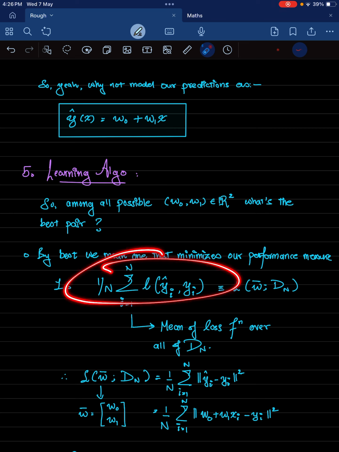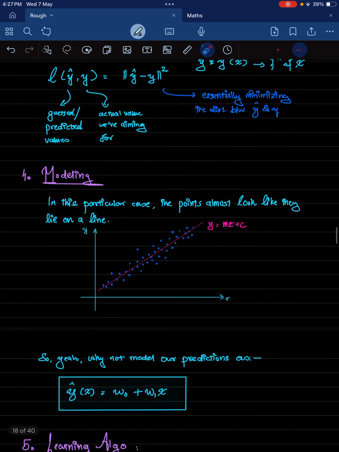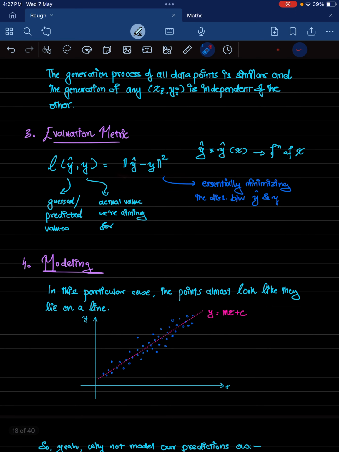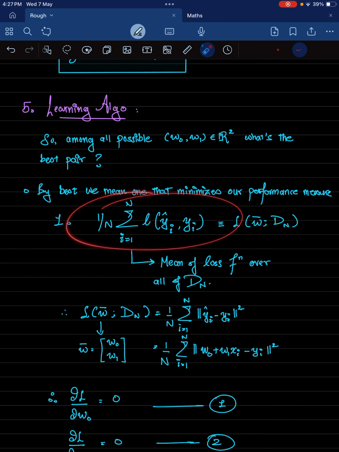Let's say there are many ways to do this, but let's minimize this. This is basically the average of all the losses. So L, as I said, is basically the squared loss. For every training point, I'm defining a squared loss, and I'm taking the average of that squared loss, which I'll denote by this capital L. I'll show you what this W bar means in a moment.